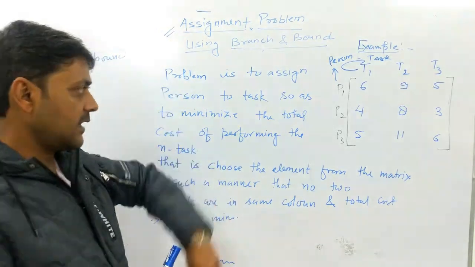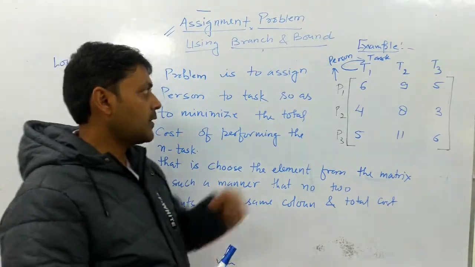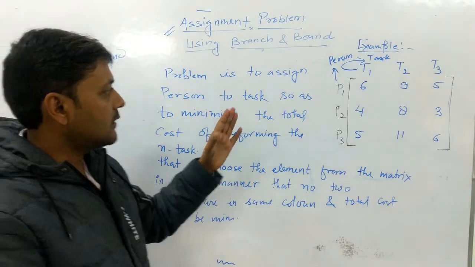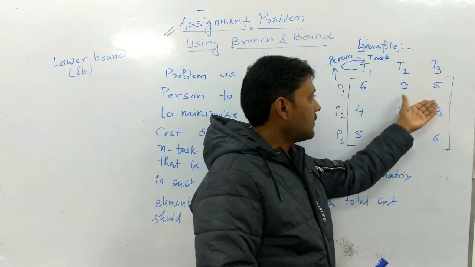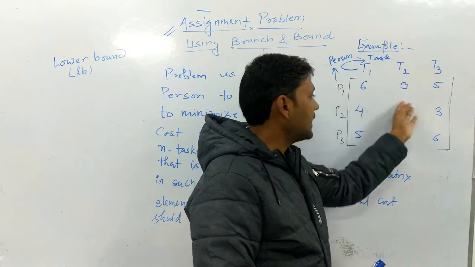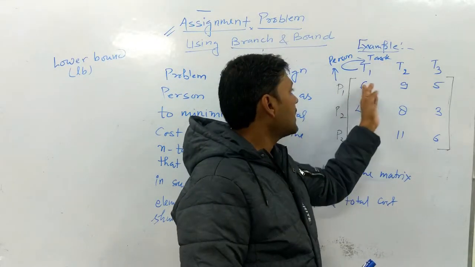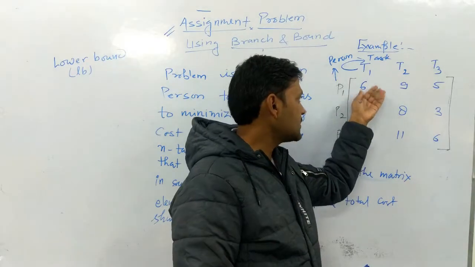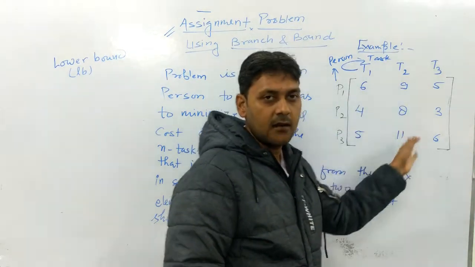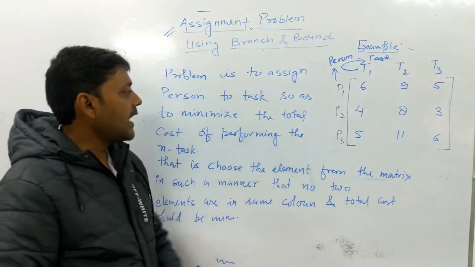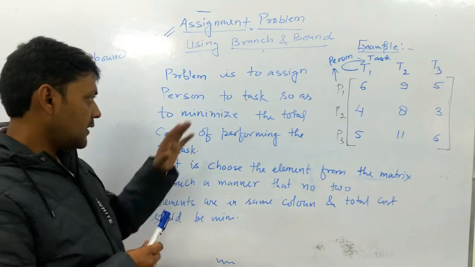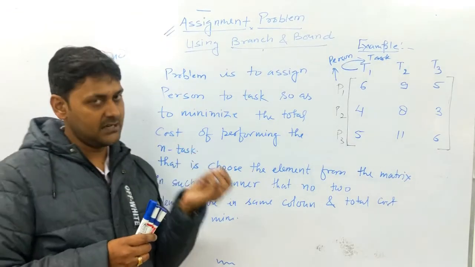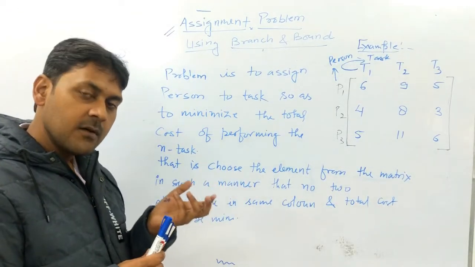If you have to perform these tasks according to the given persons, and the cost values are given here, we have to find the total cost of performing n tasks as a minimization.